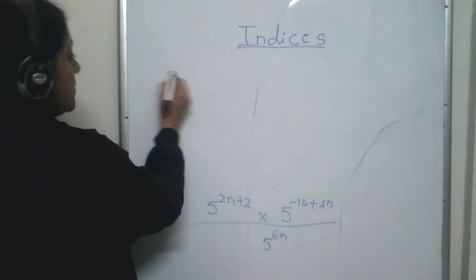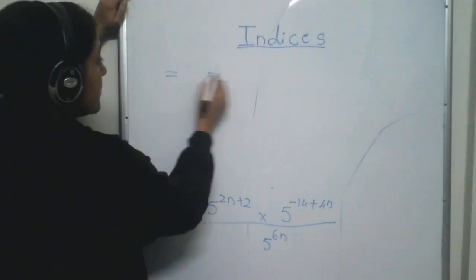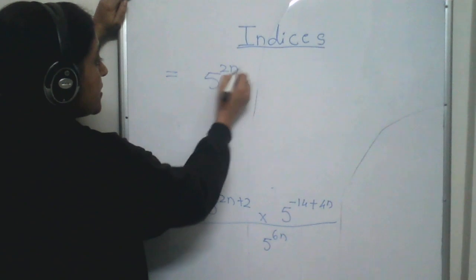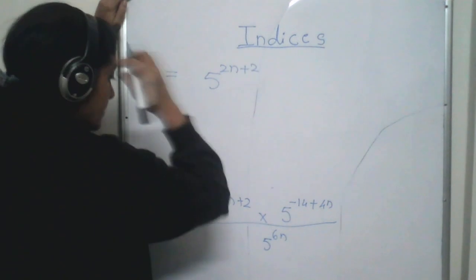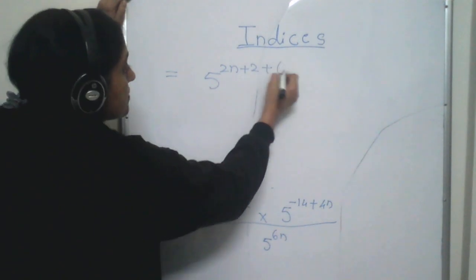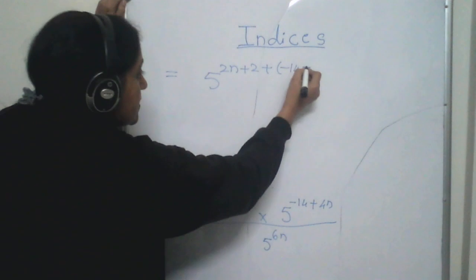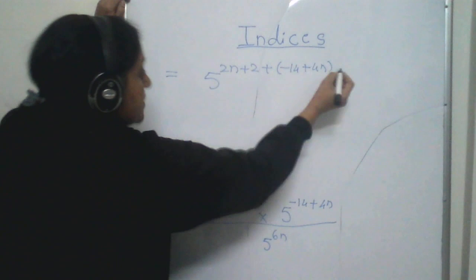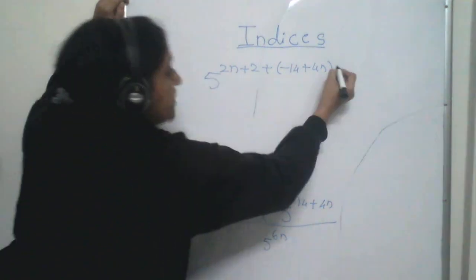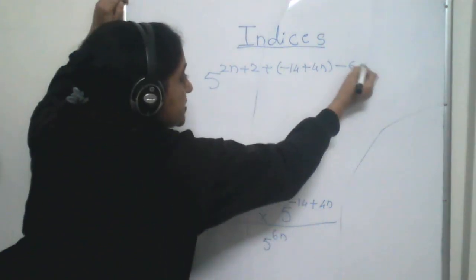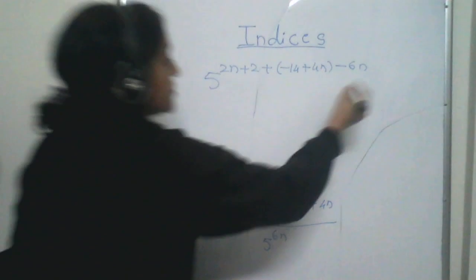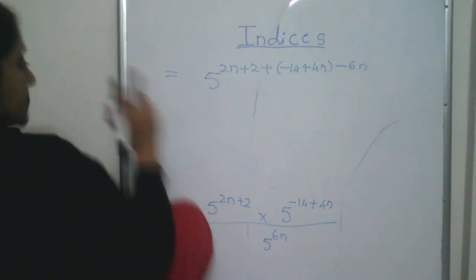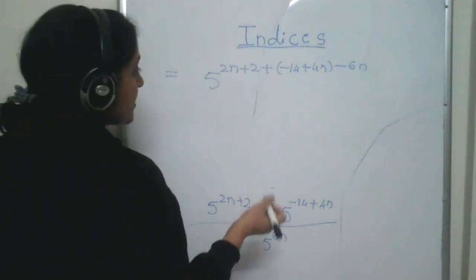Now over here, 5 to the power 2n plus 12 plus minus 14 plus 4n, and this divided by, no, so minus 6n. Now what all did I use here? I used 2 rules at a time. Can you use more than one rule at a time?